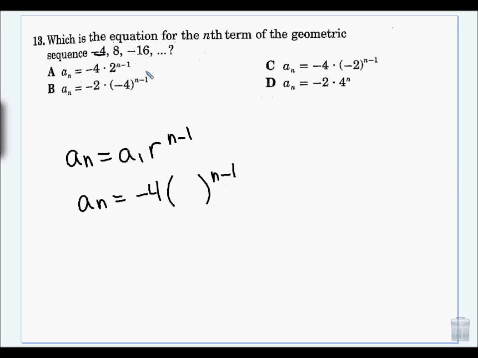Negative 4 is the first term. To go from negative 4 to positive 8, I multiply by 2, but what kind? Because I'm going negative to positive, negative 2. So this is C. Is that okay?